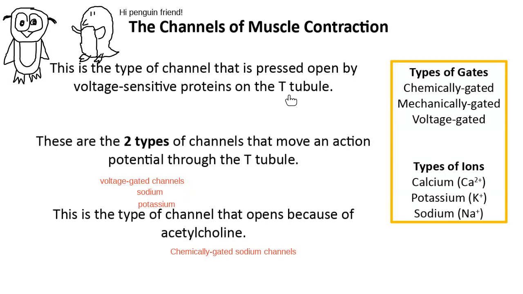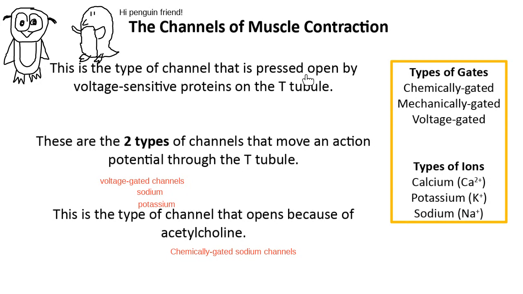Now, in particular, when we're inside a muscle cell, we have a special kind of channel at the end of the road. This is kind of the end of the excitation part of excitation, contraction, coupling. The end of the road for an action potential is when something gets pressed open or we push on something causing it to open.